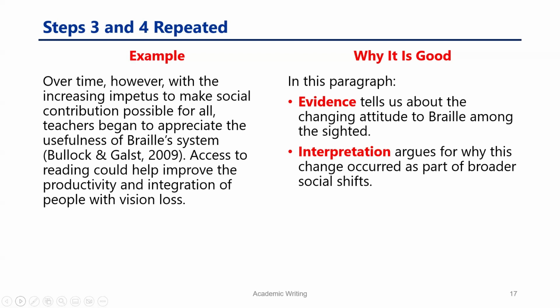Access to reading could help improve the productivity and integration of people with vision loss. So in this paragraph, there was both evidence to tell us about the changing attitude to Braille among the sighted, and interpretation, which argues for why this change occurred as part of the broader social shifts.